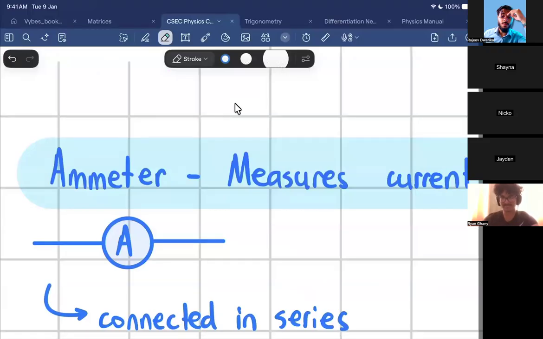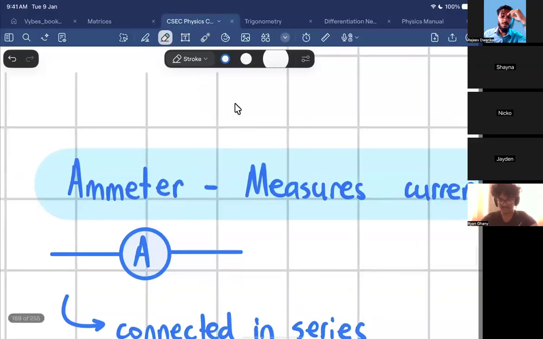I want to know if it's my speakers or something. Like all I hear is Shayna, or no? Okay. Oh, okay, no problem, Shayna. Alright, no problem. Alright, cool.